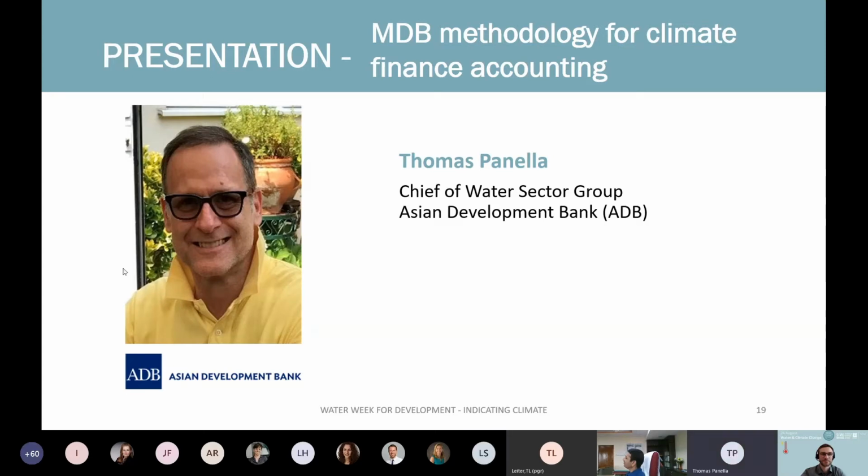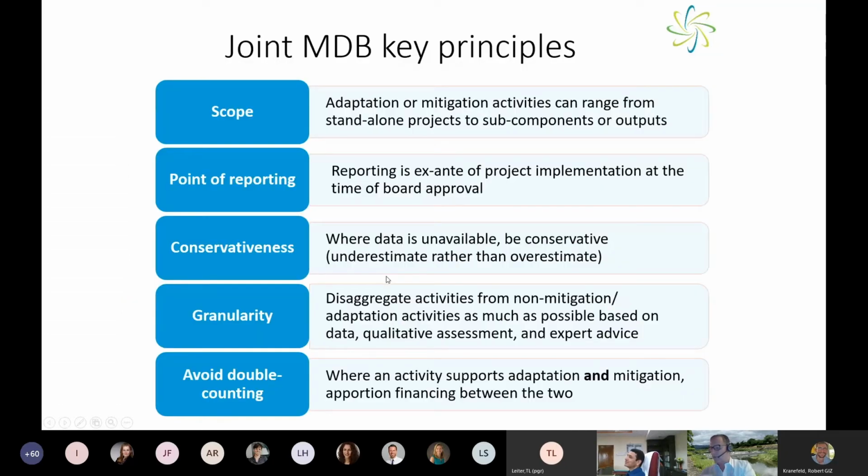Thank you very much, Robert. First let me express my appreciation for being here, for myself as well as for ADB. I'm going to talk a bit about MDB methodology on climate finance accounting, which I think in many ways echoes the previous presentation.